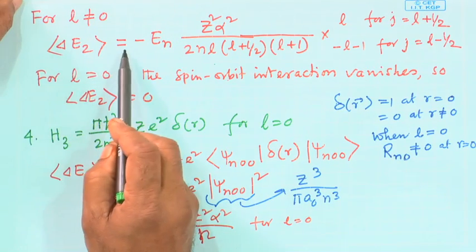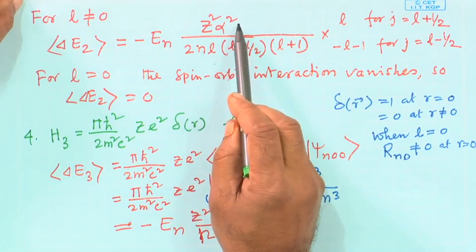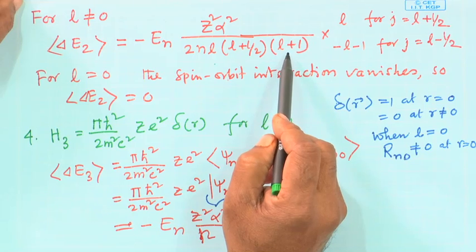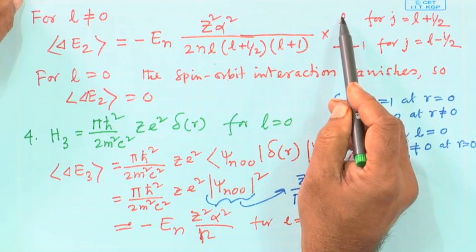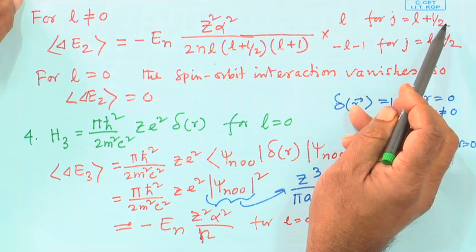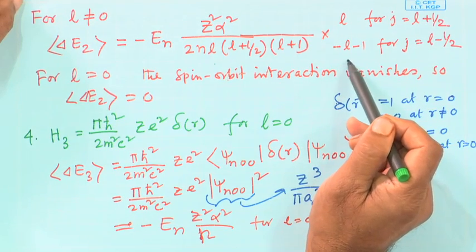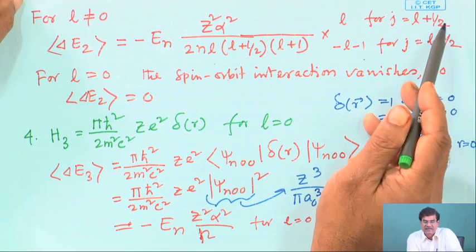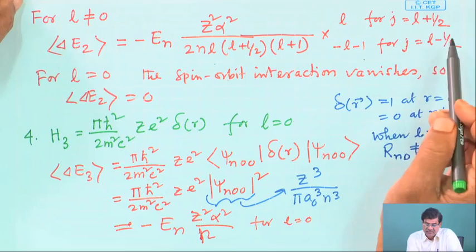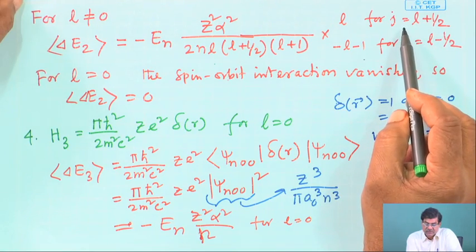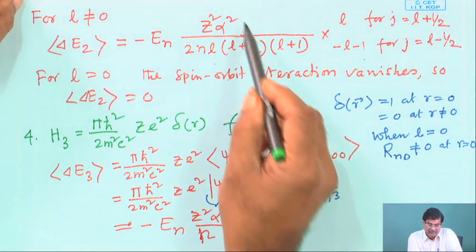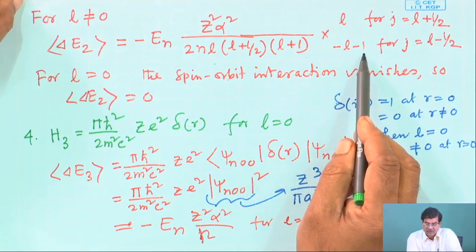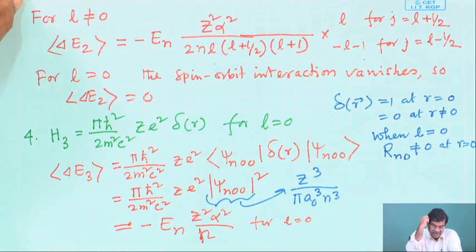ΔE2 = −E_n Z²α²/(2n) × 1/[(L+½)(L+1)] × L when j = L + ½, or × (−L−1) when j = L − ½. S is plus half or minus half, so that is why j. Depending on the j value, the term will be multiplied by L or by −L−1.